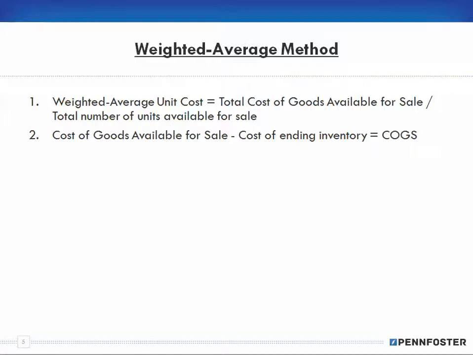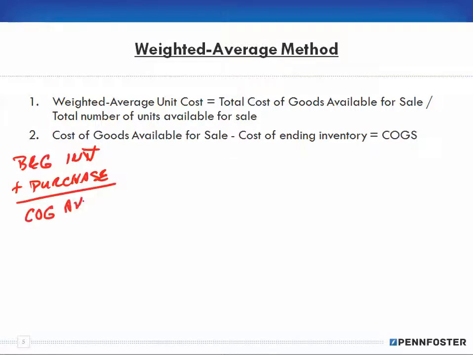All right, so we still have this idea of cost of goods available for sale, meaning we have a beginning inventory, and we're going to add in our purchases, and that gives us our cost of goods available for sale.